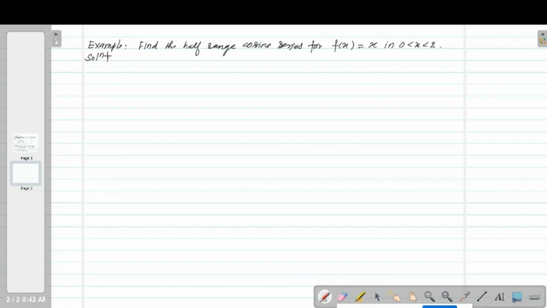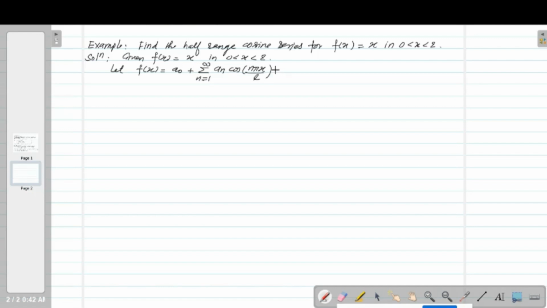For this, what do I have to do? Just write down your given function. So we write here: given function f of x equal to x in the interval 0 less than x less than 2. This is given to you. Now let f of x equal to a naught plus sum from n equal to 1 to infinity of an cos n pi x by l.